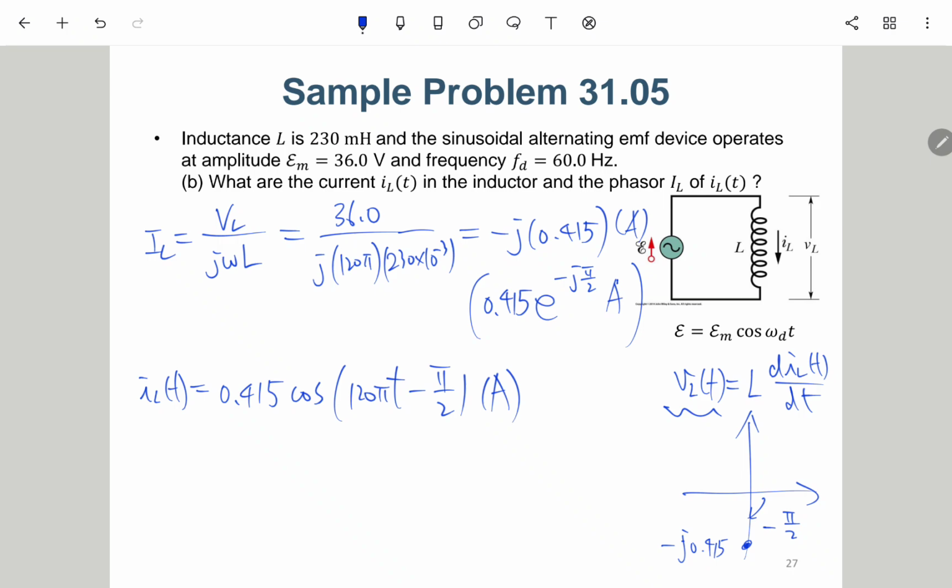If we make use of the phasor, of course there is some math.